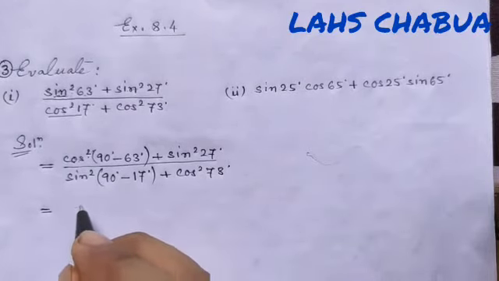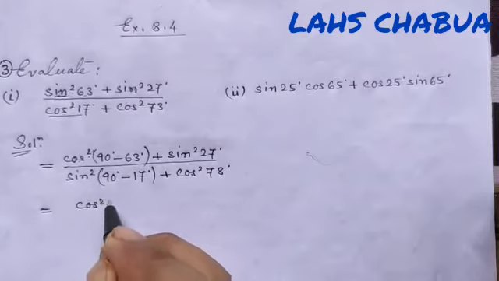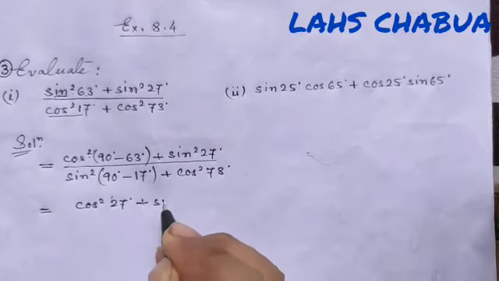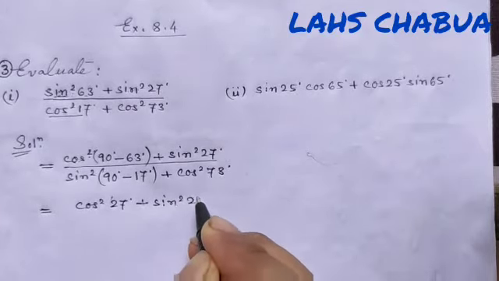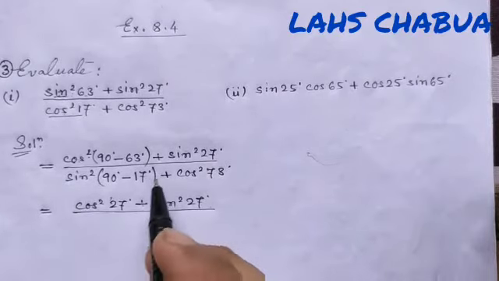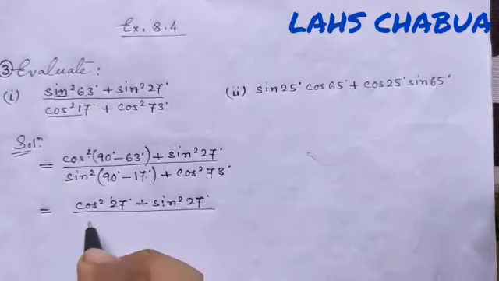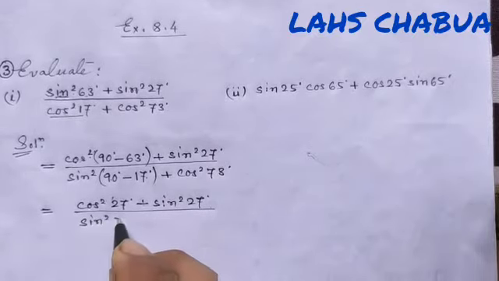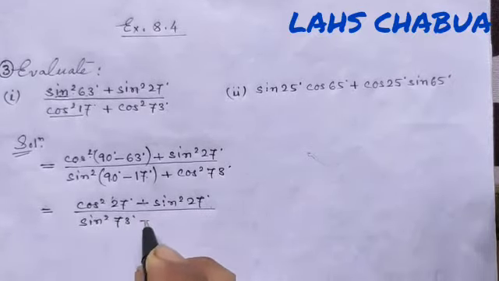Then cos square of 90 minus 63 becomes 27 degree, plus sine square 27 degree. Same at the denominator, 90 minus 17 is 73, so sine square 73 degree plus cos square 73 degree.